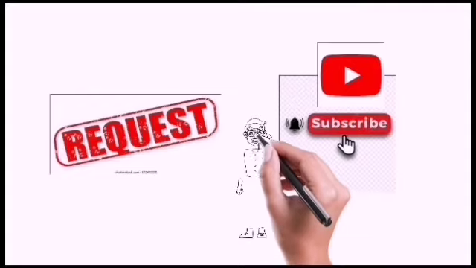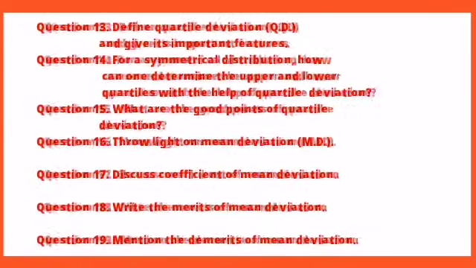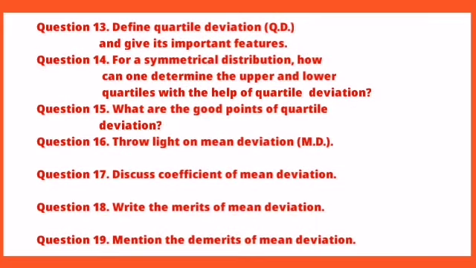Let's start today's video. In this video we will discuss question numbers 13 to 19. Question 13. Define quartile deviation, or QD, and give its important features. Question 14. For a symmetrical distribution, how can one determine the upper and lower quartiles with the help of quartile deviation?